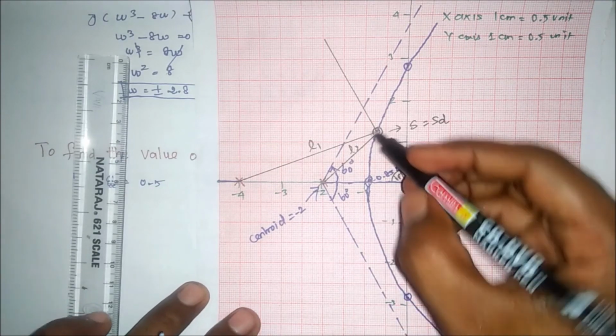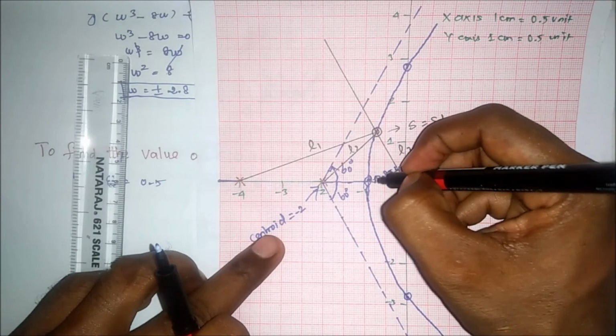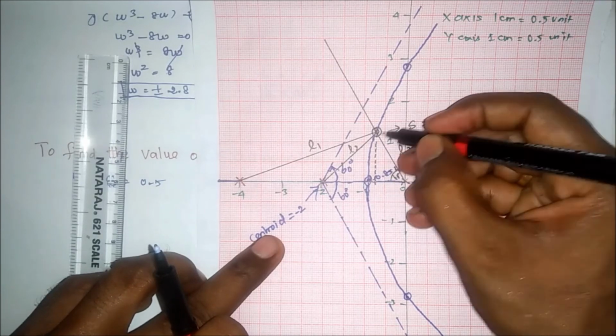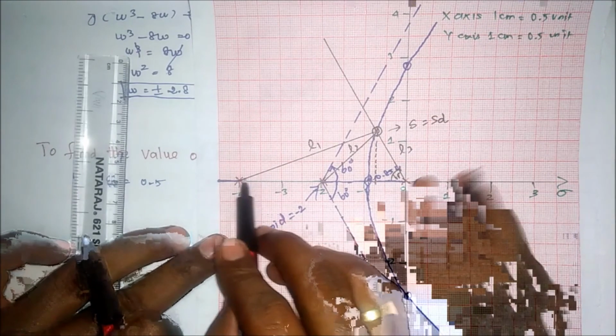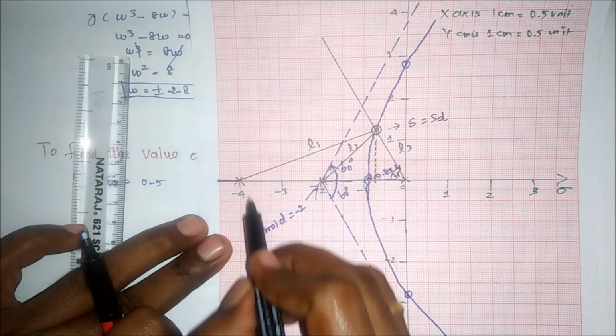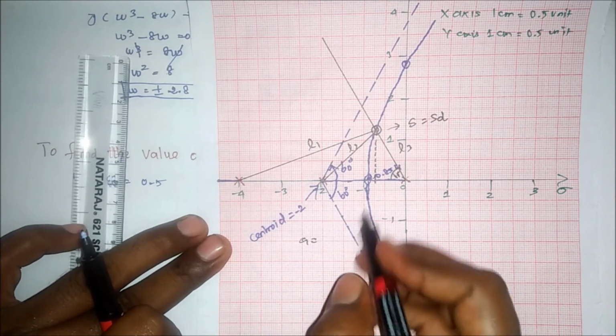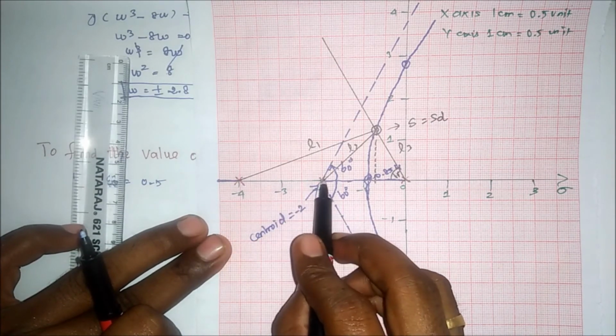So now we can mark this point. So now we see this part is a right angle triangle. Its bottom value, we can say A equal to, what is the value of A? 1, 2, 3.